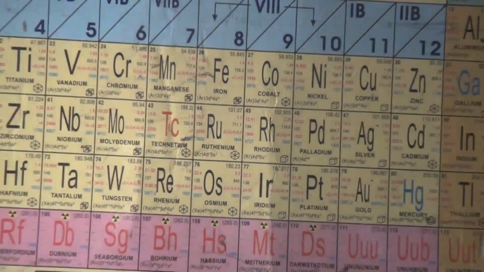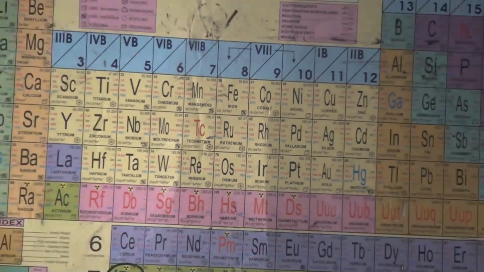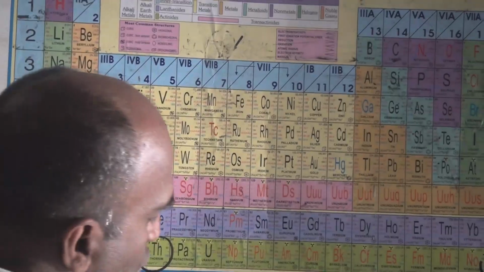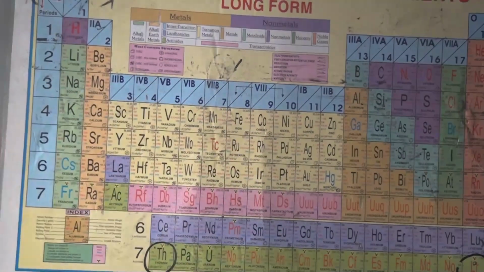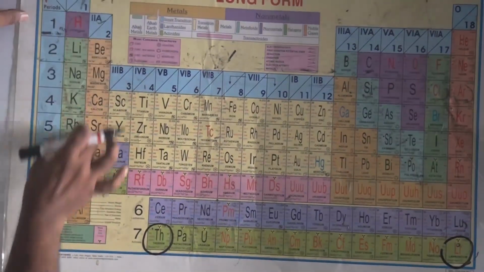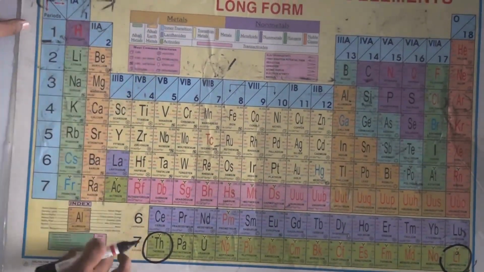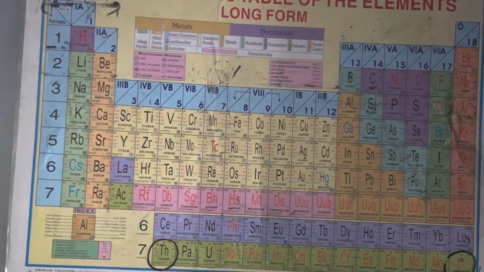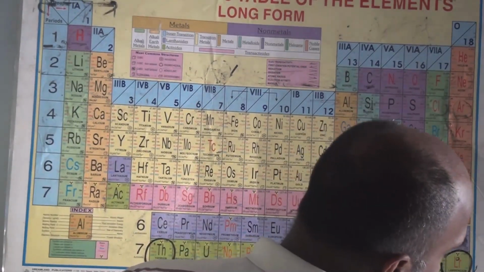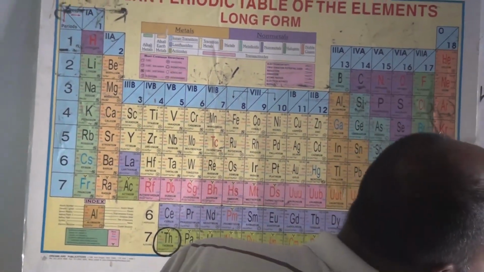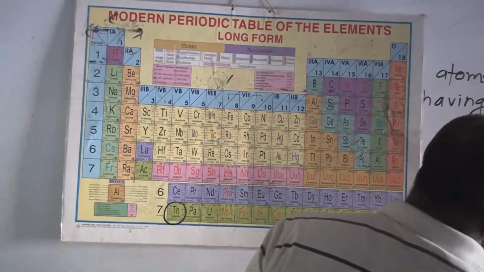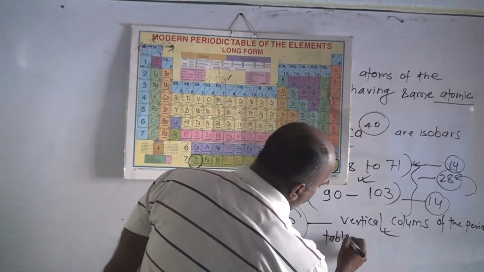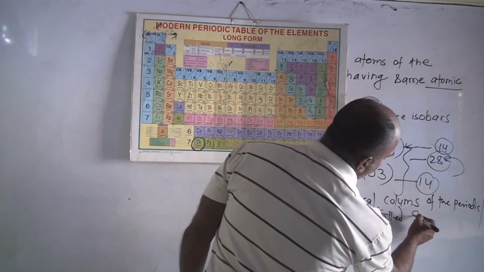Now, in this topic, first of all we should study about group. What is meant by group in the periodic table? Groups are the vertical columns in the periodic table. These vertical columns of the periodic table are called groups.